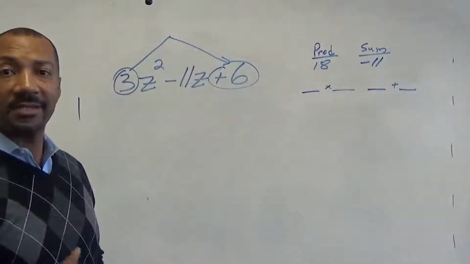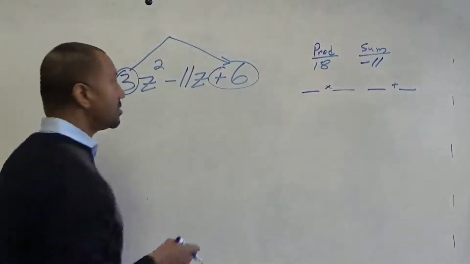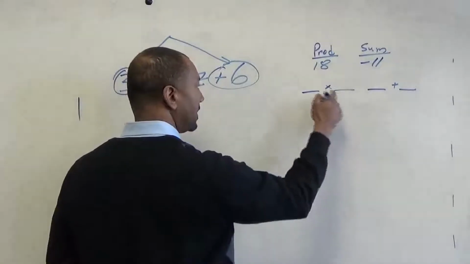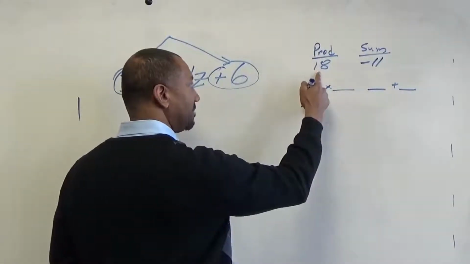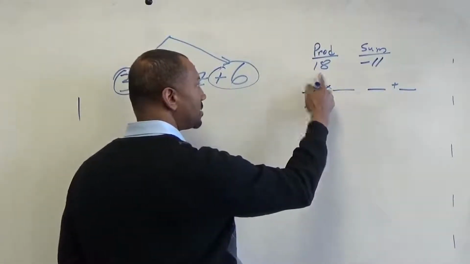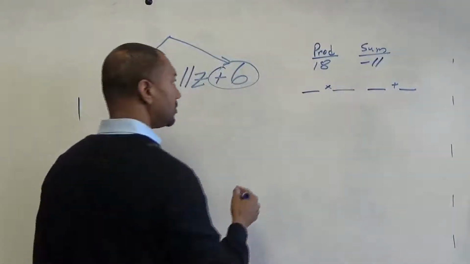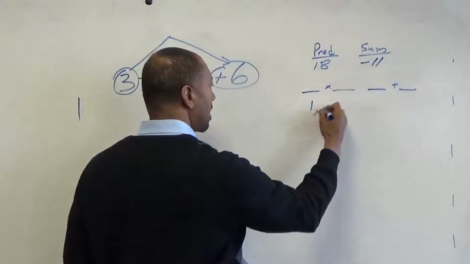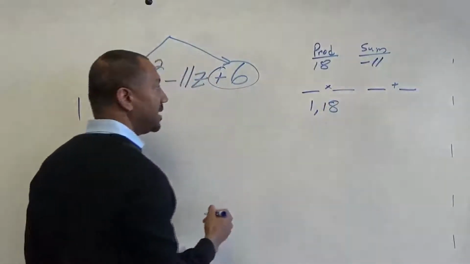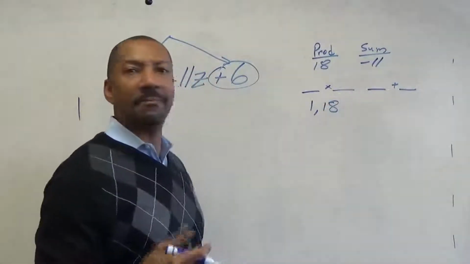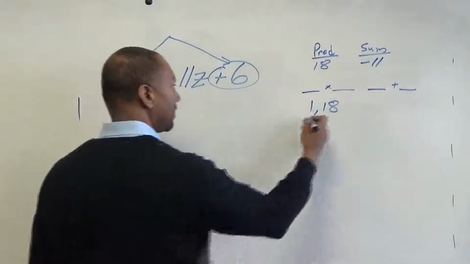So let's start looking for the two numbers that will multiply together to give you 18. And at the same time, those same two numbers must add up to give you negative 11. So let's see. Start listing factors of 18 if you don't immediately find it in your head.